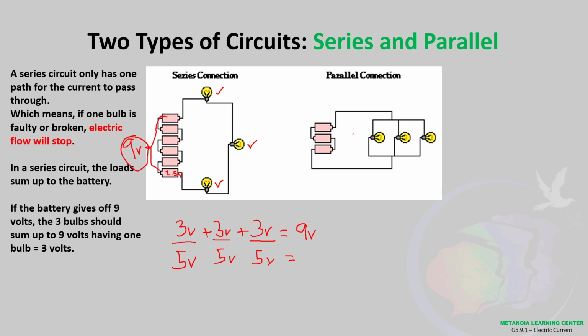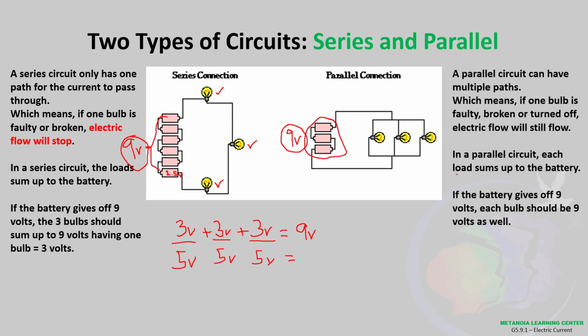But for a parallel connection, so assuming that these all 3 batteries will also give us 9 volts lang. Example lang para common ang ating example. 9 volts. So for a parallel connection or a parallel circuit, ang kailangan kasi dito, each load sums up to the battery.